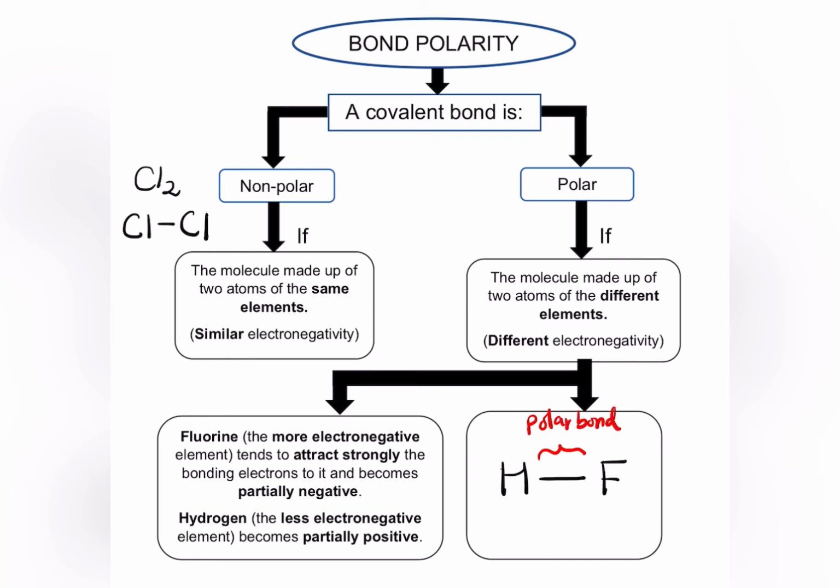Dan seperti yang awak tahu, fluorine is the most electronegative element. That's why the electron density will be much more towards the fluorine atom. So what will happen? Kita akan indicate the density of electrons menggunakan partially positive dan partially negative. So the symbol will be partially negative for the fluorine, just like this, and then for hydrogen is going to be partially positive.